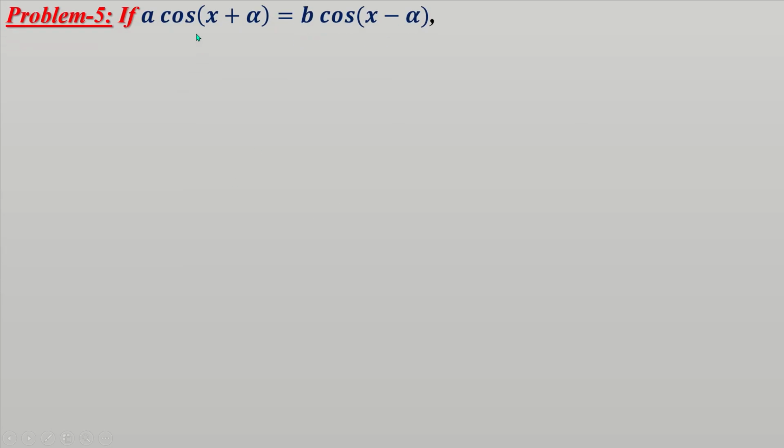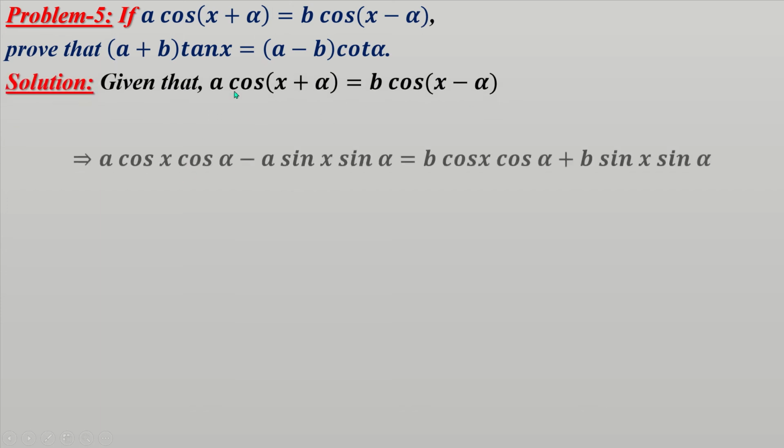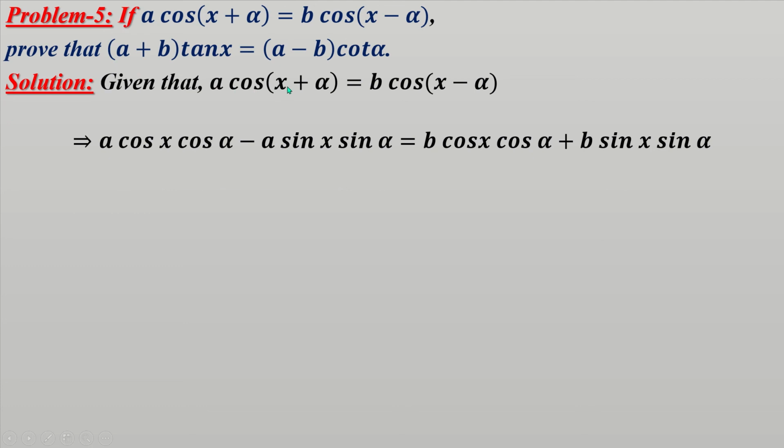Problem 5: if a cos(x plus alpha) equals b cos(x minus alpha), prove that (a plus b) tan x equals (a minus b) cot alpha. This is the given condition. We can write cos(A plus B) as cos A cos B minus sin A sin B. As a is in multiplication, we can write a into cos x cos alpha minus a into sin x sin alpha.